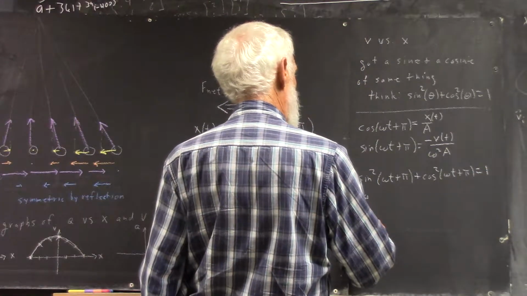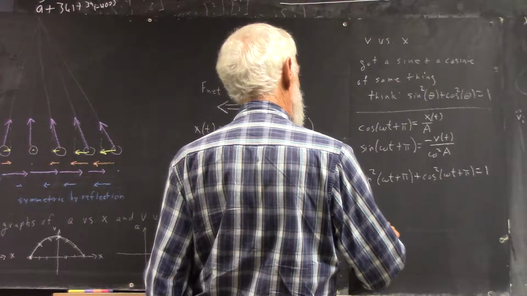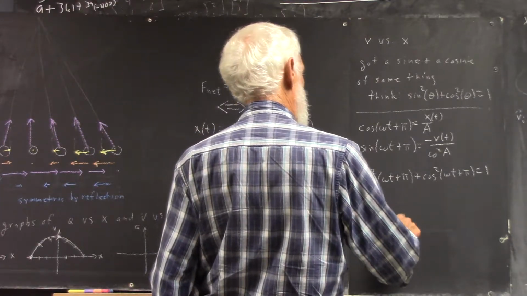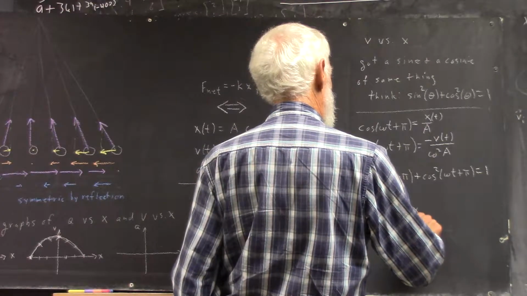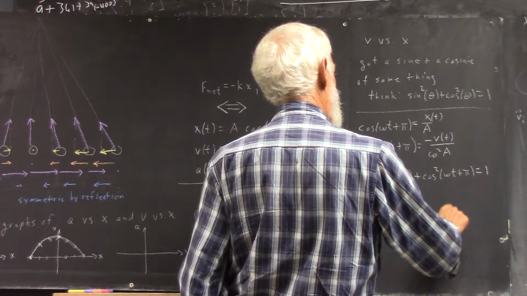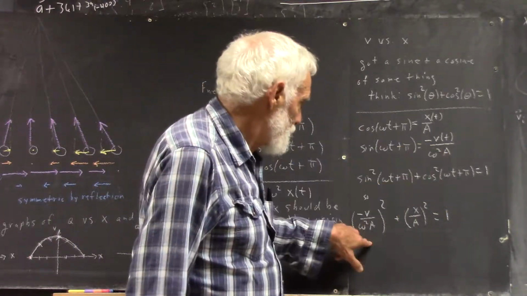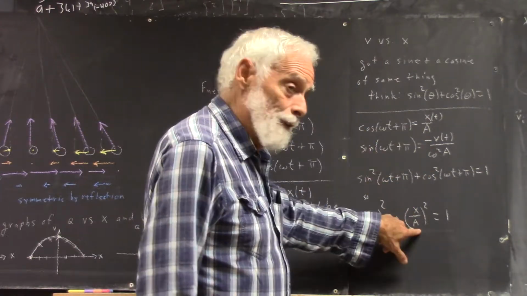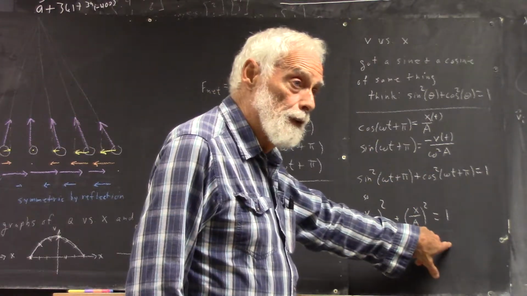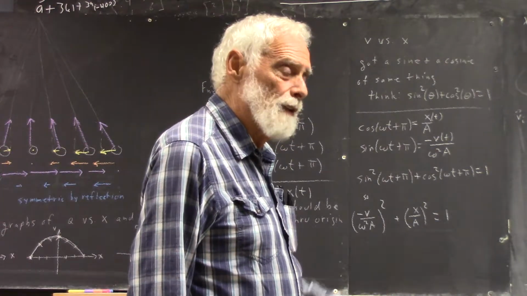So since the sine squared is this, then this squared, and the cosine squared is this, then this squared, when you add these two squares, you're going to get 1. Wasn't a particularly great sentence, but you got the idea.